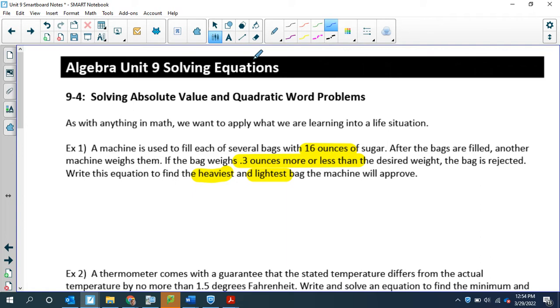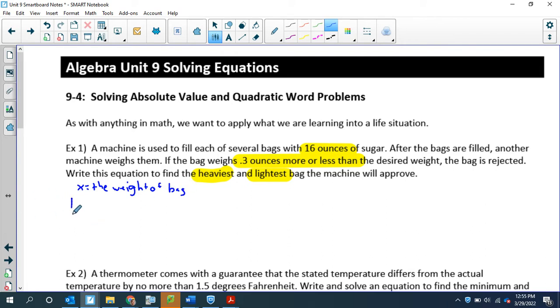Absolute value always is like the distance. In this case, it's the weight distance from 16 ounces. So the first thing we want to do when we do these problems is label our variables. So I'm going to say x equals the weight of the bag. And then once we know that, we're going to write these absolute value equations.